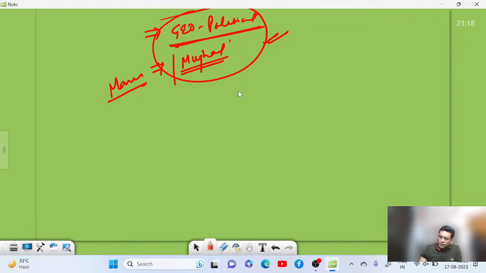But when the British started gaining political power and the Mughal Empire disintegrated, there was a rise of many autonomous states.